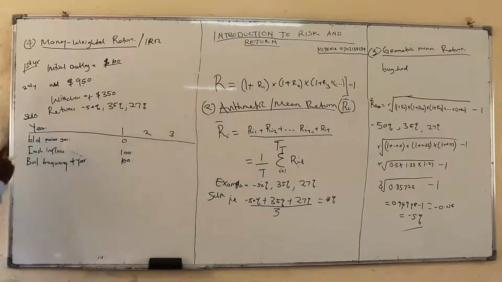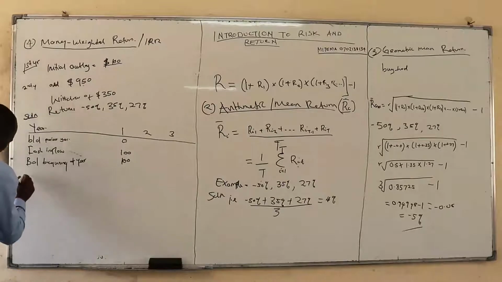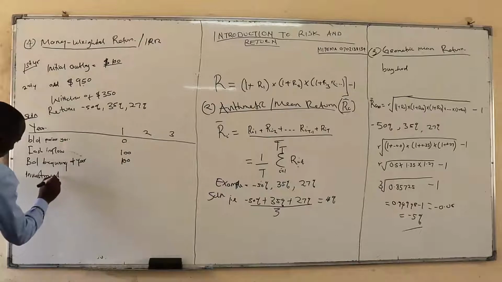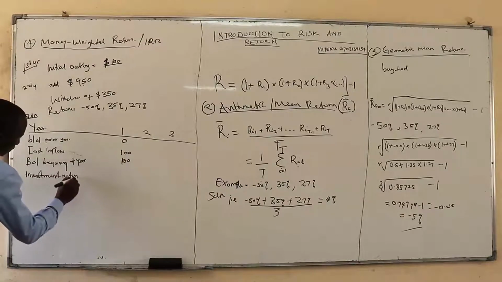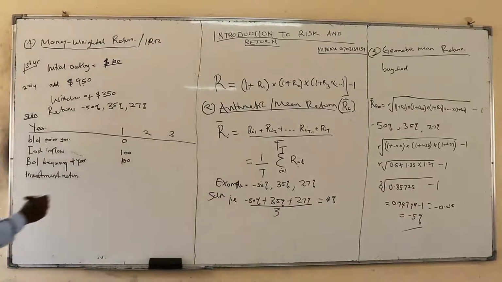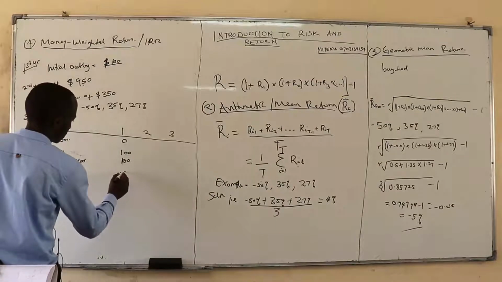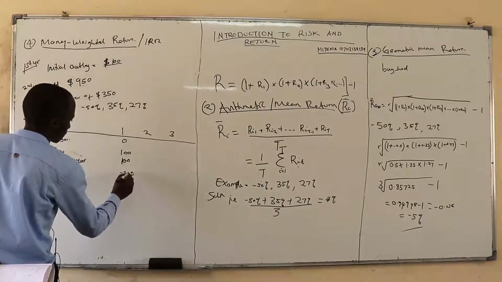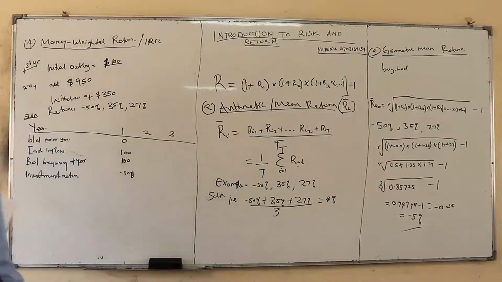In this first year he is going to make a return of minus 50%. So the investment return in the first year, we are told, is minus 50%.